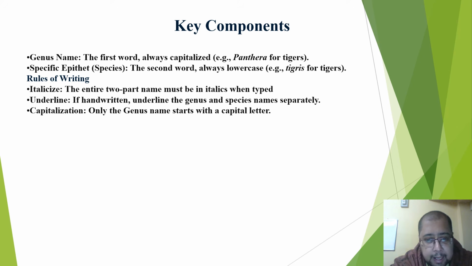Whether it's in italics or not, if it's handwritten, it should always be underlined. Moreover, the underlining of the genus and the species should be separate. And third point is the capitalization. That is, only the genus name starts with a capital letter.